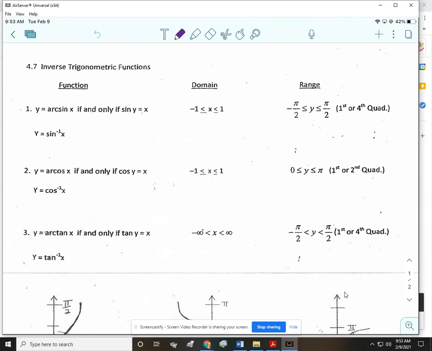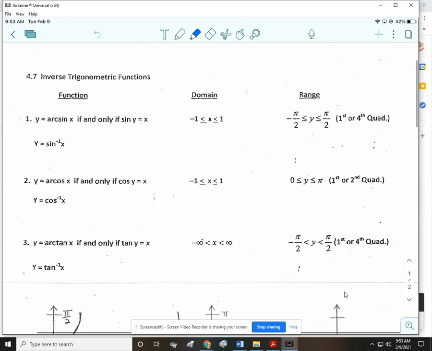All right, so the range is important today. So those angles for the inverse sine are always going to be angles in either the first or the fourth quadrant. So the positive angles will be in the first quadrant and the negative angles will be in the fourth.